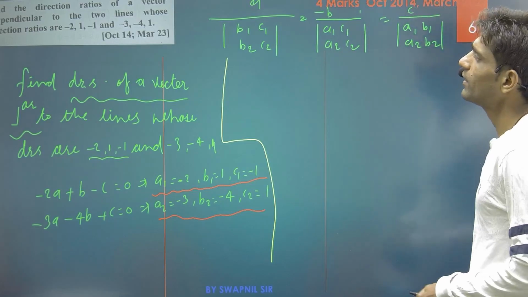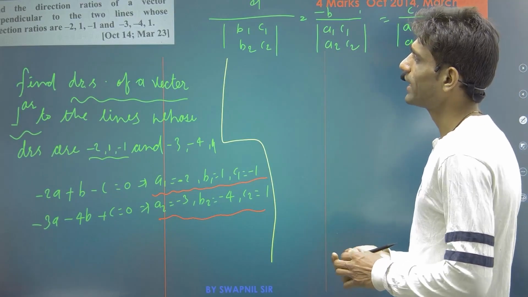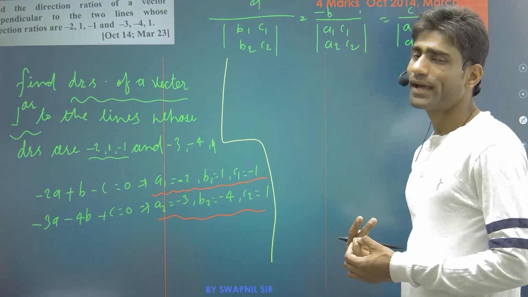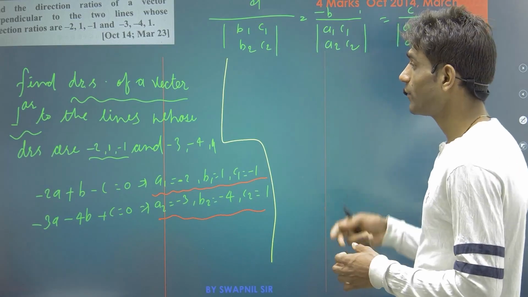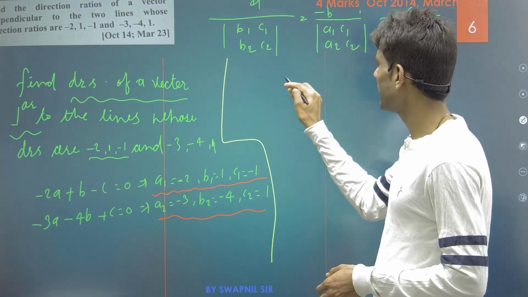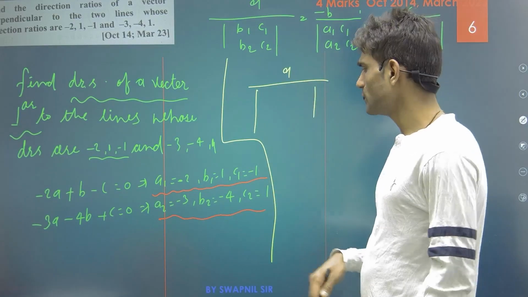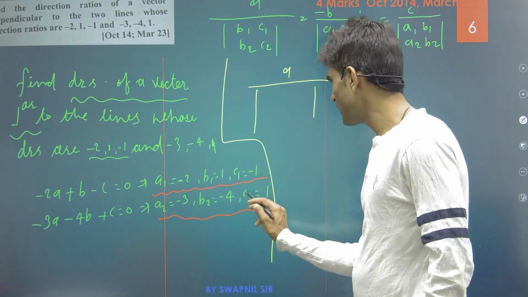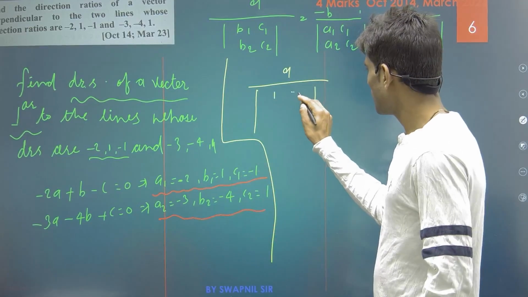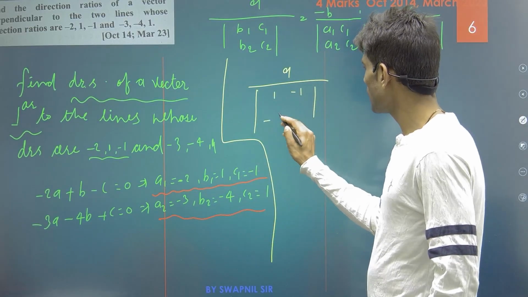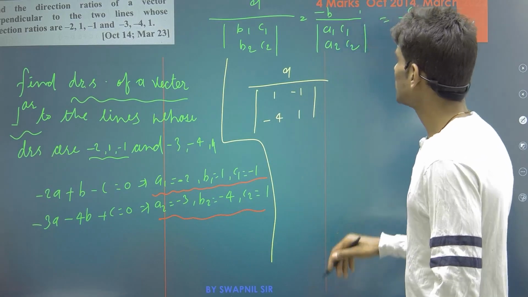So we want the direction ratios for the perpendicular line. For the perpendicular line direction ratios, we write A upon the determinant of B1, C1, B2, C2. Now we can see here B1, C1, B2, C2 are 1, -1, -4 and 1. This is the first.